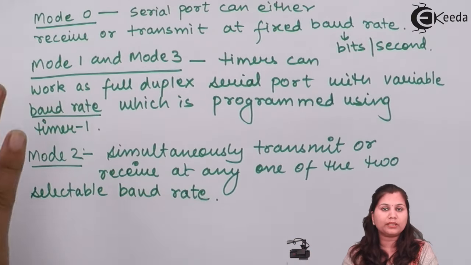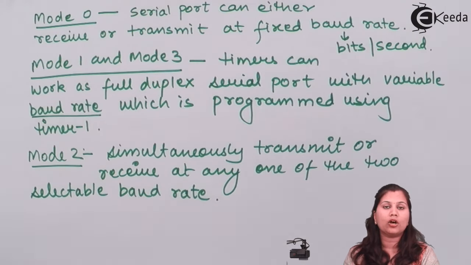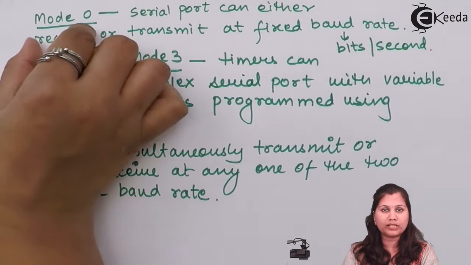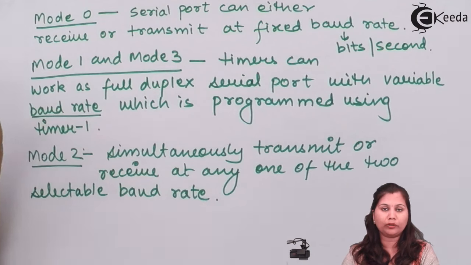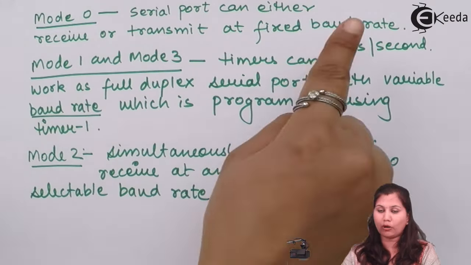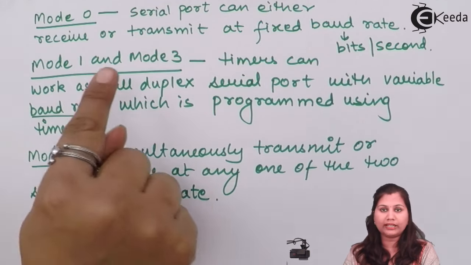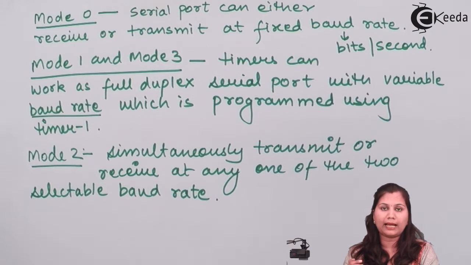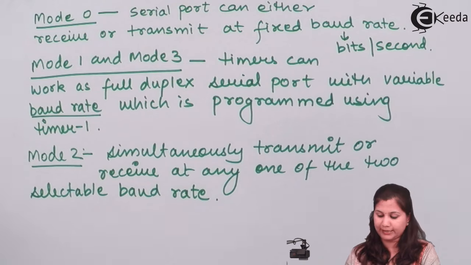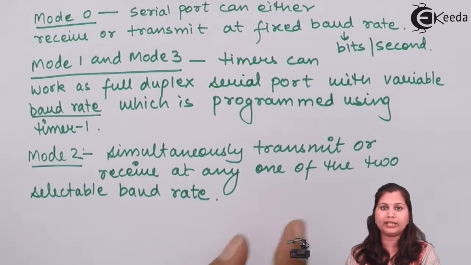So the difference between the four modes is whether the serial port is working as full duplex, half duplex or simple port, and what the baud rate will be. In mode 0, it will act as a simple serial port which will either receive or transmit, and the baud rate is fixed. In mode 1 and 3, baud rate is variable and the port is acting as full duplex. In mode 2, it is acting as full duplex, but the baud rate is one of the two selectable baud rates.